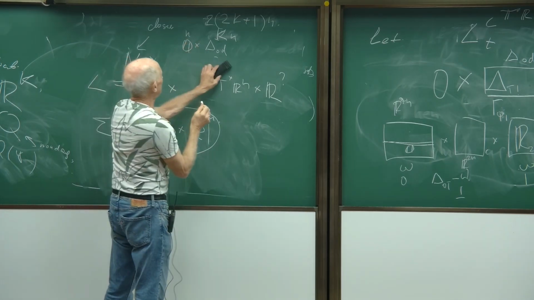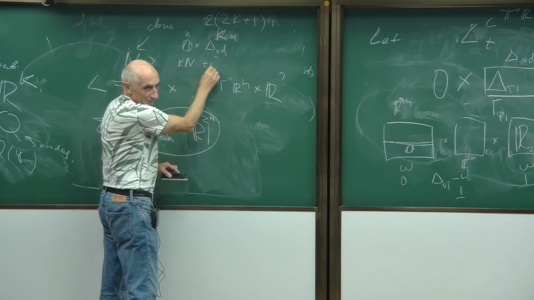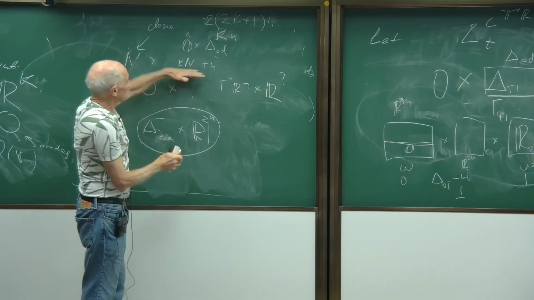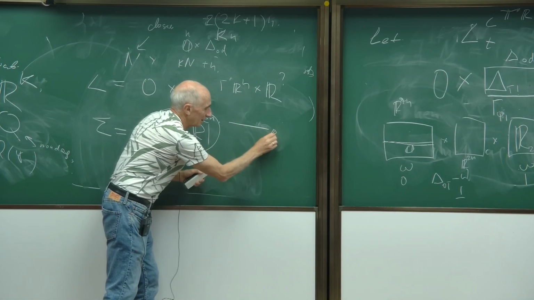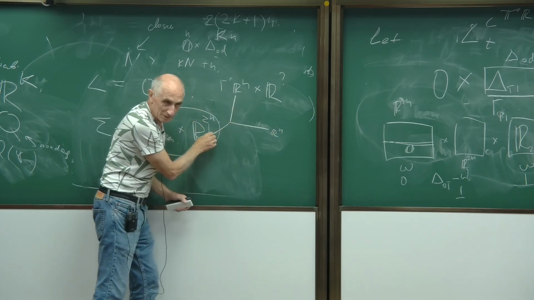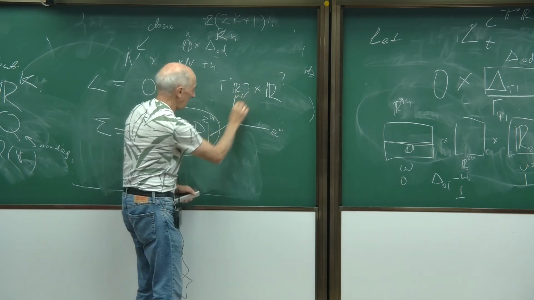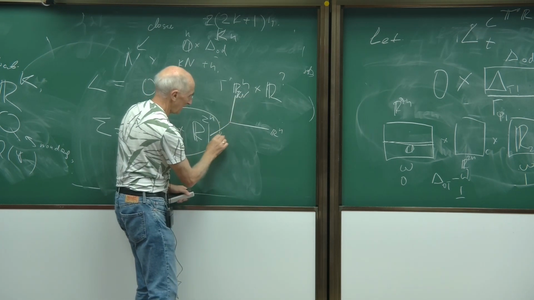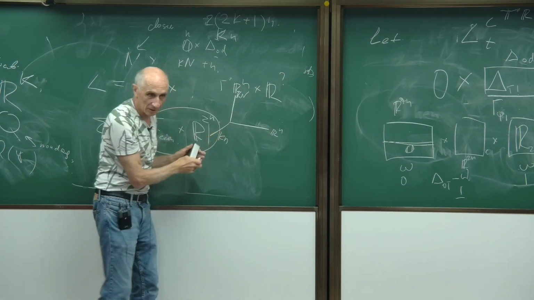And this one has a dimension kn plus n. So you have this Rn, and there are two subspaces of dimension kn and kn, complementary to this one, intersecting, right?